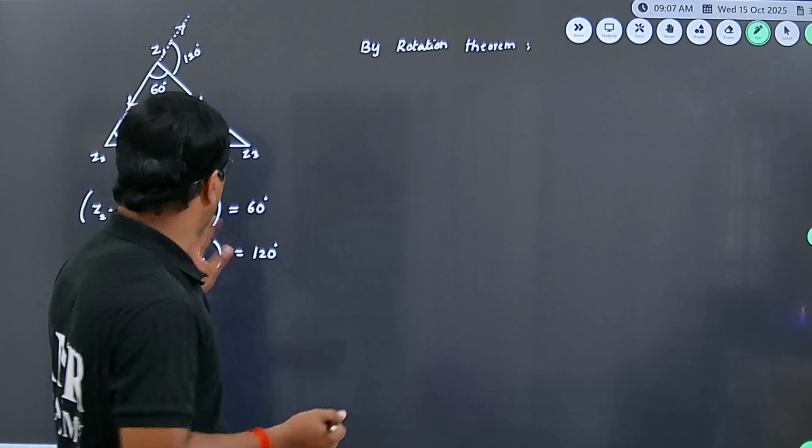There is a line segment BC for which in the upward direction there exists a third vertex, or in the downward direction there exists another vertex. Due to that reason, there are two results. One is, remember, minus b omega minus c omega square, or minus b omega square minus c omega. After completing this example problem, we will discuss the proof.